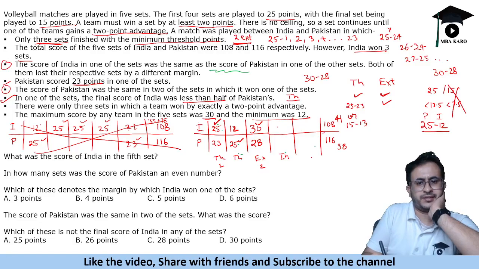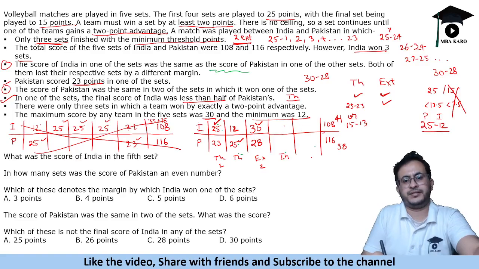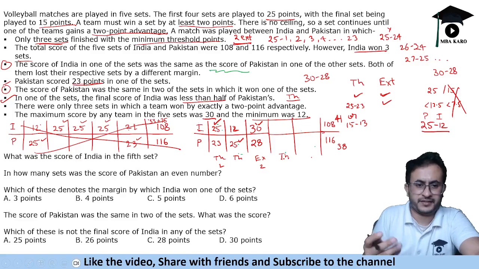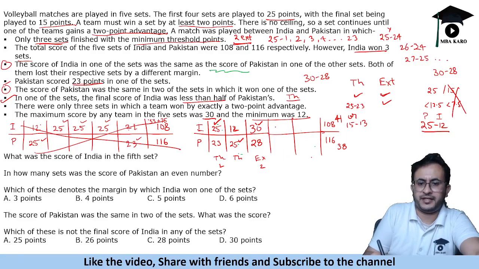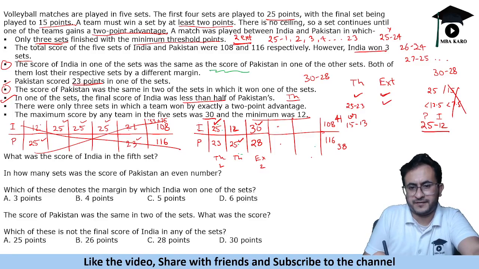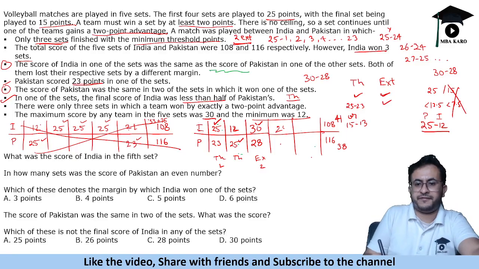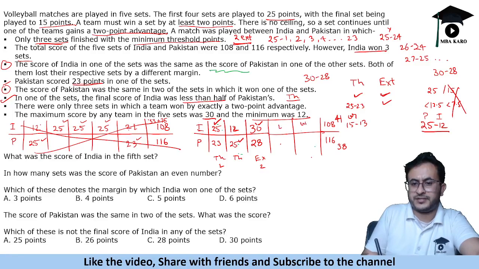Suppose this is a threshold match, or we can take the other way around also. We said that this was a threshold match, this is an extended match, and this is the threshold match. And we took India as the winner here, right? We took India as 25 and winning the match. Suppose India loses this match but wins this match, and this is a threshold match, okay.